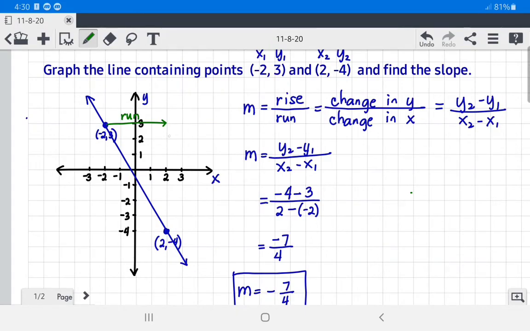We call this change in the y coordinates the rise. Since the slope is negative, the line falls from left to right. So that's it for our first example.